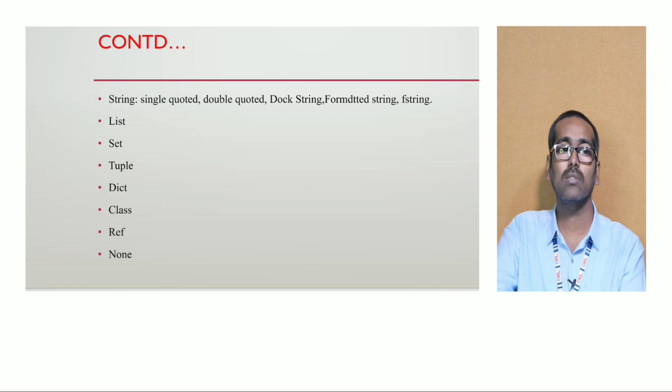Suppose you have a collection of names, then there may be a name like Gopi, Murali, or Vijay repeated. It doesn't mean they need to be unique. Then we use a list. List is used for allowing duplicates. Set doesn't allow duplicates.